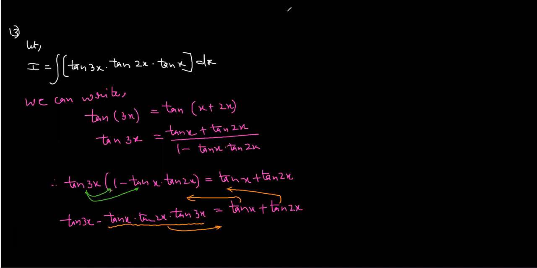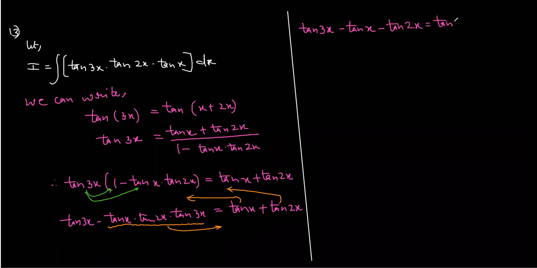See students, what do I get? I get tan of 3x minus tan of x minus tan of 2x equals tan x into tan 2x into tan 3x. So see, I got something here.